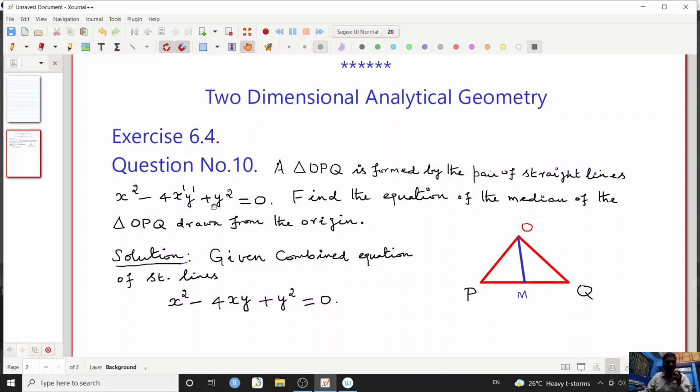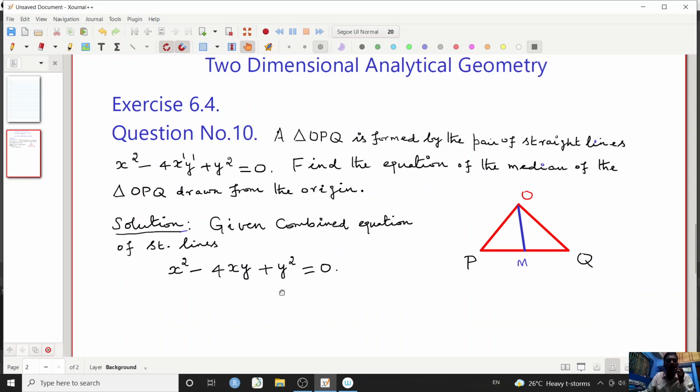So having found that this is a homogeneous equation of degree 2, we are going to solve this equation. Why do we have to solve?